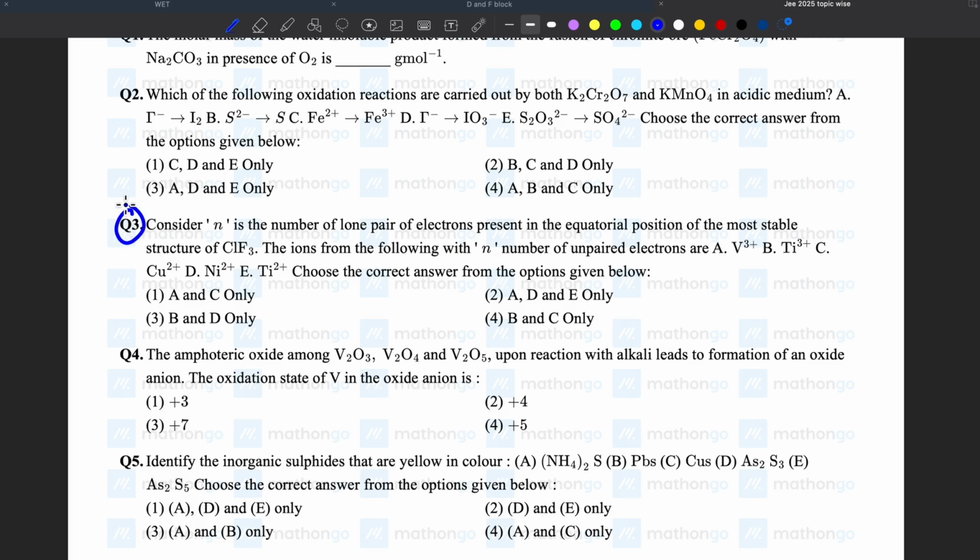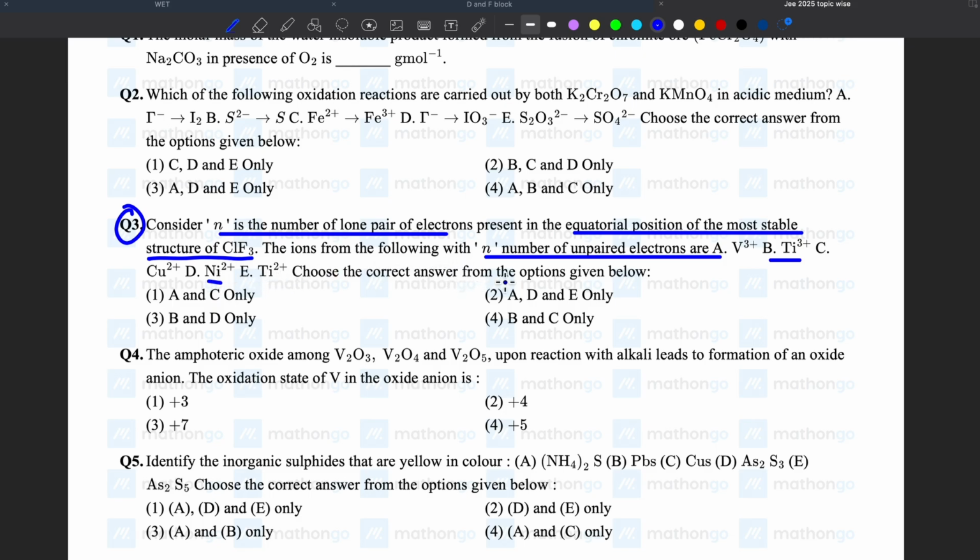Right, so try the third question. Consider n is the number of lone pair electrons present in equatorial positions of the most stable structure of ClF3. The ions from the following with n number of unpaired electrons are: A is V plus 3, B is Ti plus 3, C is copper, D is nickel, E is this.